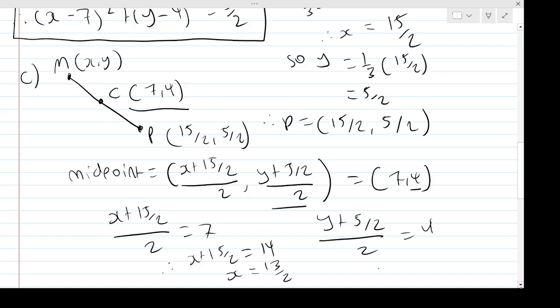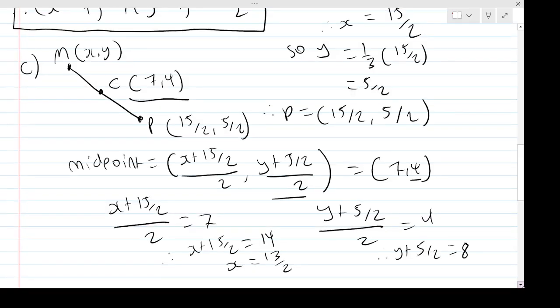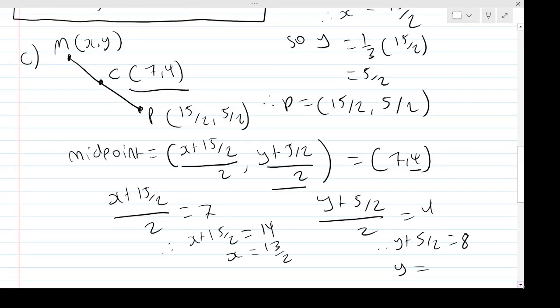Therefore y plus 5 over 2 equals 8. So then y is 8 take away 5 over 2, which gets me 11 over 2. There we are then. So that coordinate at the other tangent intersection, M, is 13 over 2, 11 over 2.